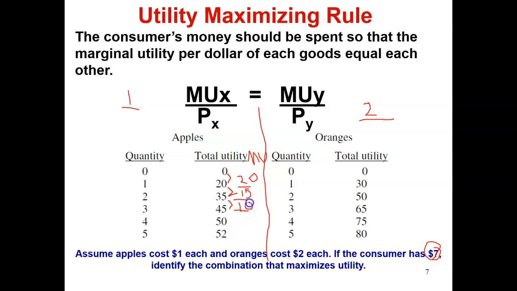So in this section, all the way up to the 4th unit, we have an increase in total utility, but the marginal utility is 5. Okay, what this suggests is total utility is increasing, but marginal utility is decreasing. Total utility is increasing at a decreasing rate.